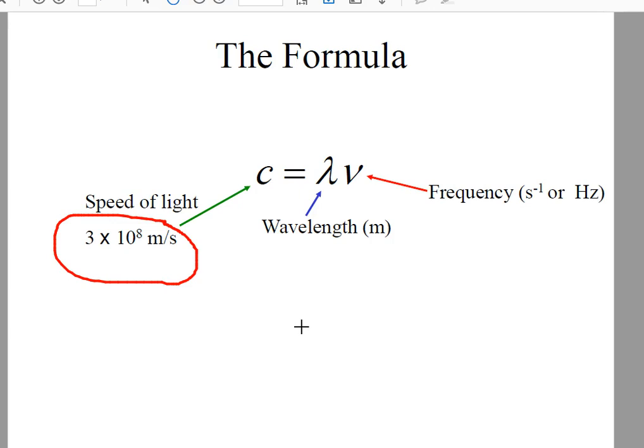If the density of air changes, that speed can change somewhat, but that's going to be our estimation for the speed of light. If we know the wavelength or the frequency, we can solve for the alternate one. Notice your units here, though, because speed of light is meters per second, so your wavelength has to be in meters, and your frequency has to be in inverse seconds, which is also known as hertz.